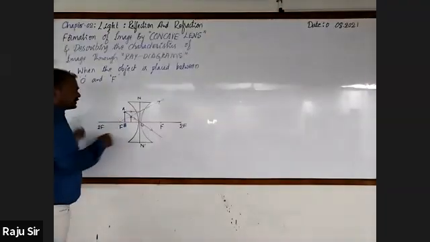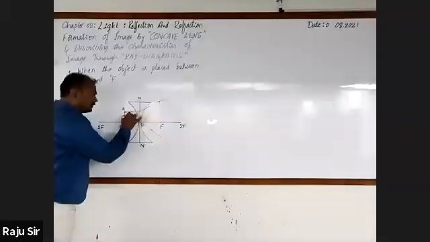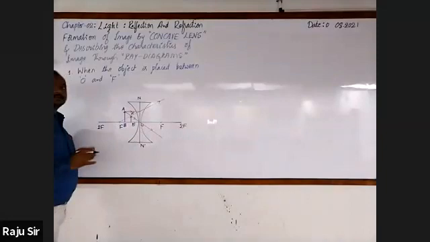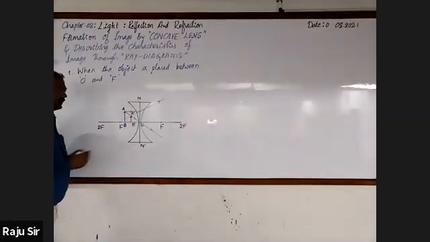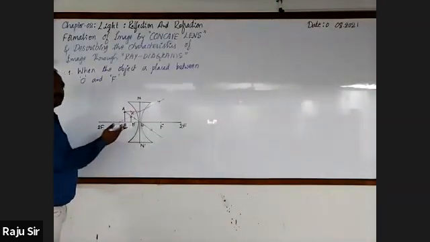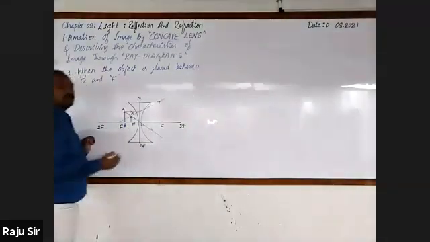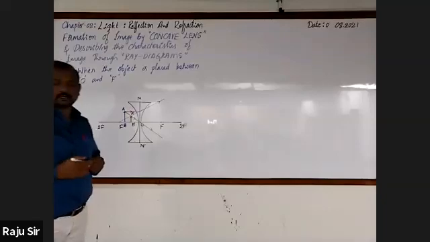Then what does AB indicate? The object just placed. A dash B dash indicates the image. F indicates the principal focus. O indicates the optical center.